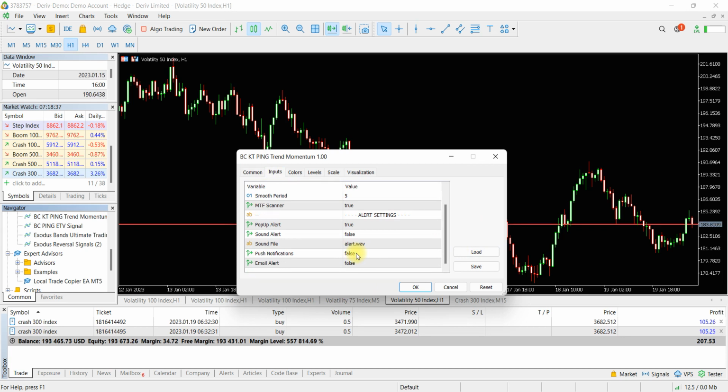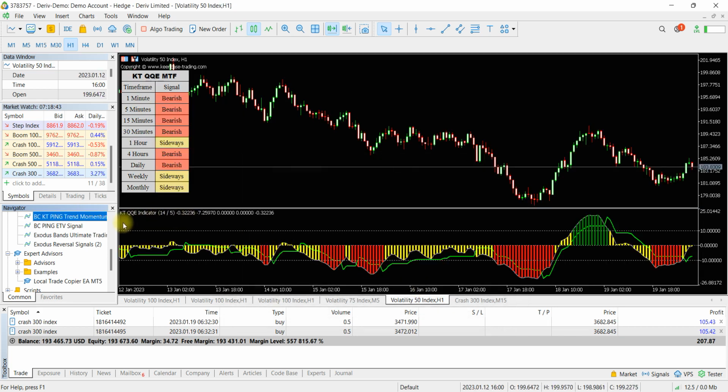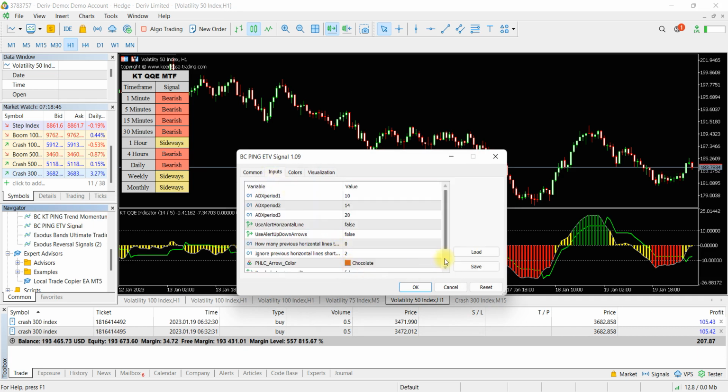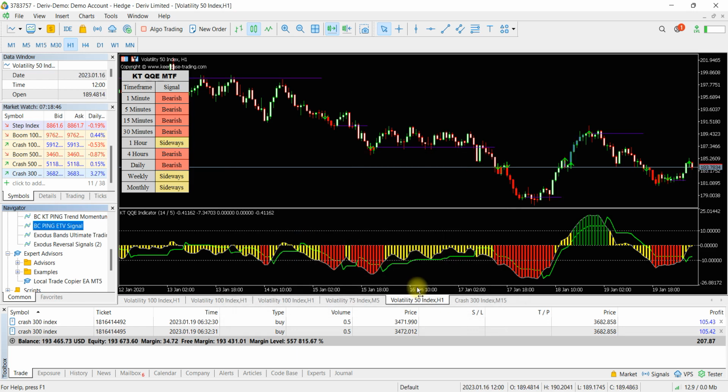this push notification. You can enable this push notification. Then after that, you want to pick the one that shows the reversal signal. You pick this, but enabling this is very important: send alert via push notification so that when the market sees an opportunity, you are informed.